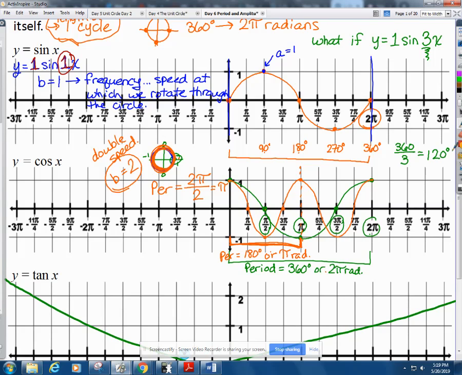So this is 135 degrees, so it's going to be about here. This is 90, 135, so 90, that's 45 degrees. 10, 20, 30.